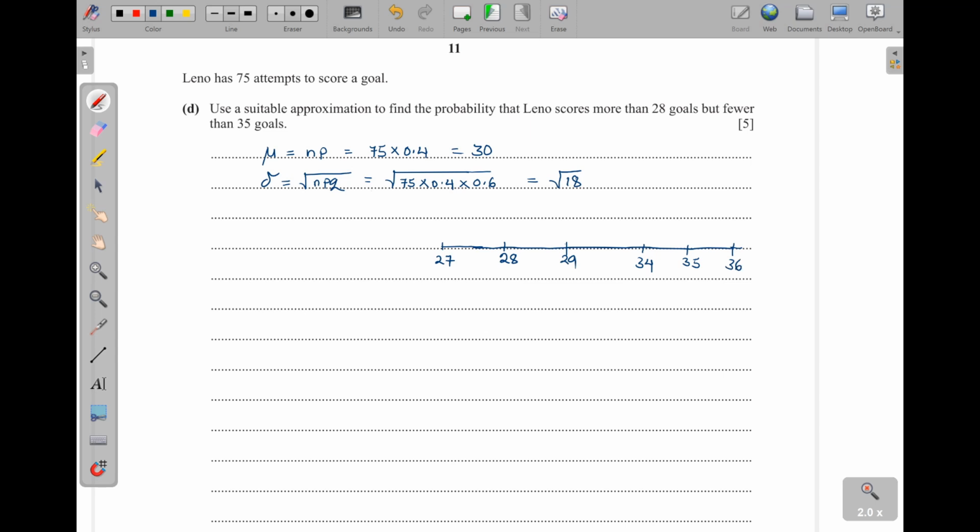So in carrying out continuity corrections, we use the bounds of these numbers. 28 starts at 27.5 and then ends at 28.5. So this is the region of the 28, and then this 35 is 34.5. That is where it starts from, and then it ends here at 35.5, because when you round off 35.5, you don't get 35, it goes to 36.